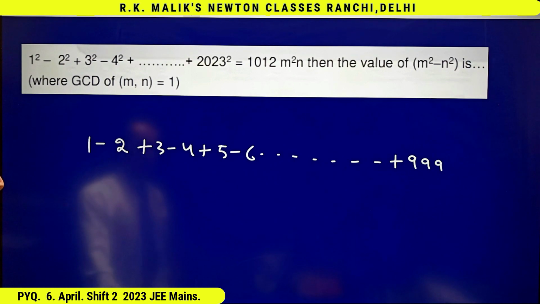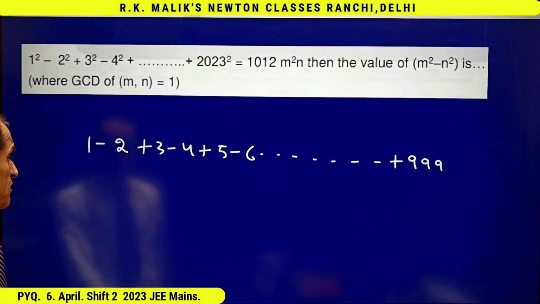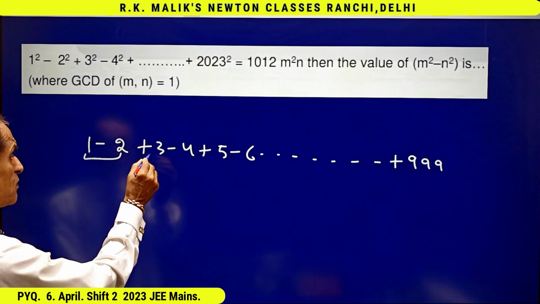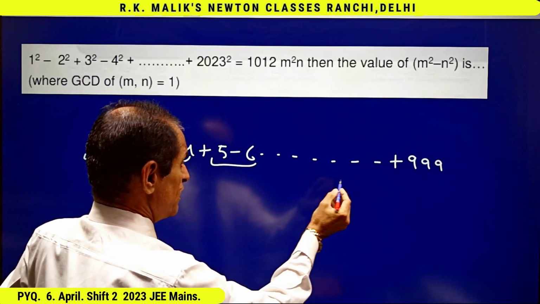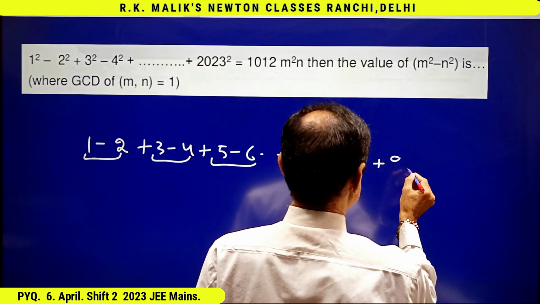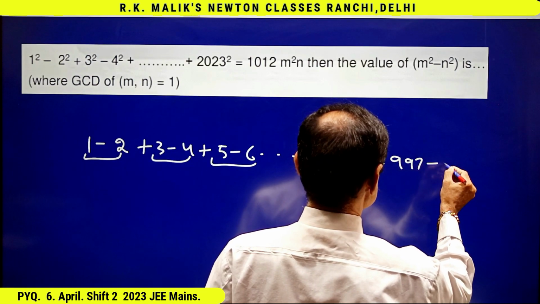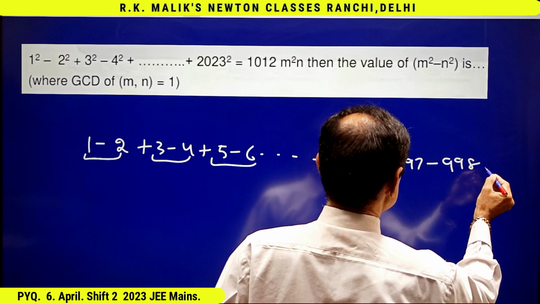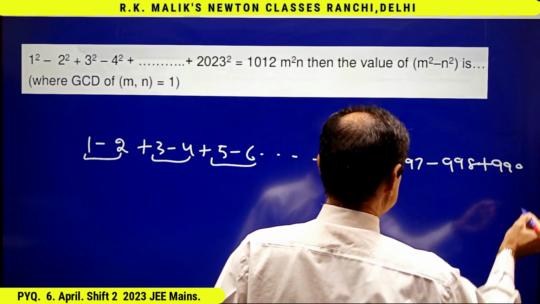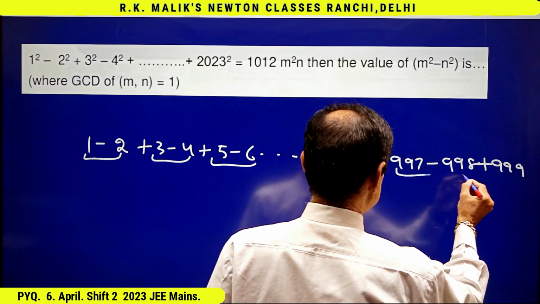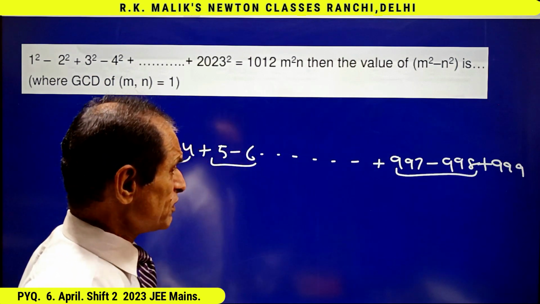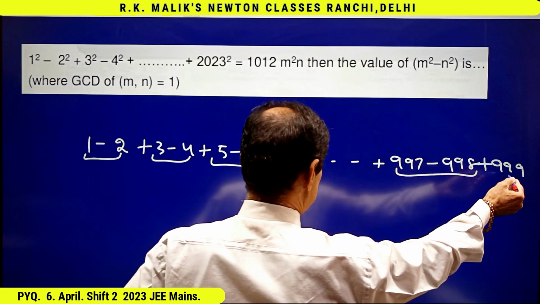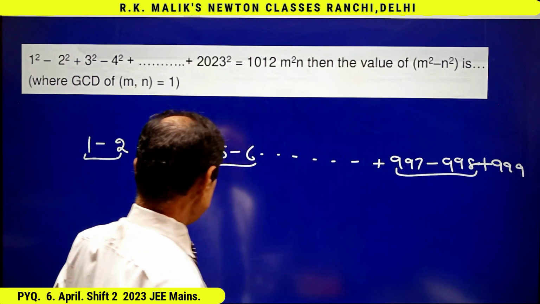Most students will start pairing like this, and plus 997 minus 998, plus 999. The value of each pair will also be -1, and only the last term will be remaining.